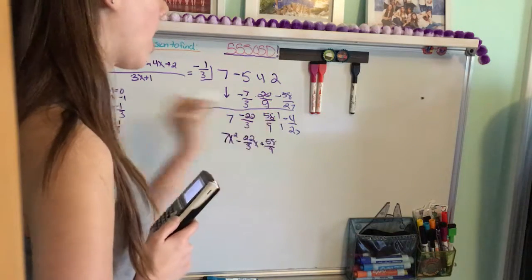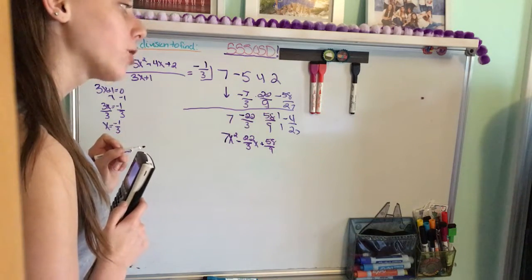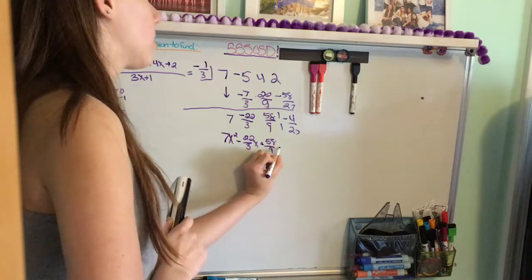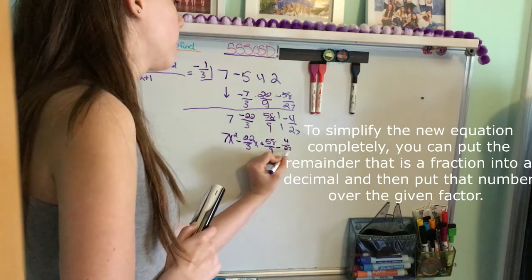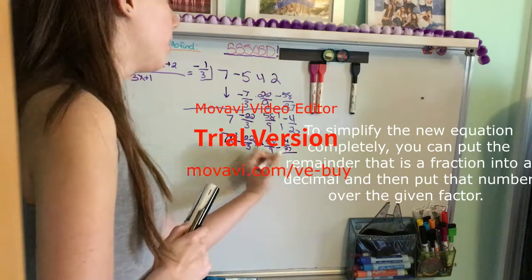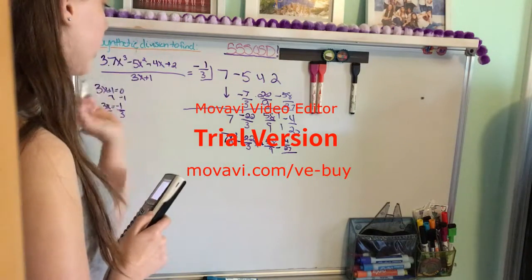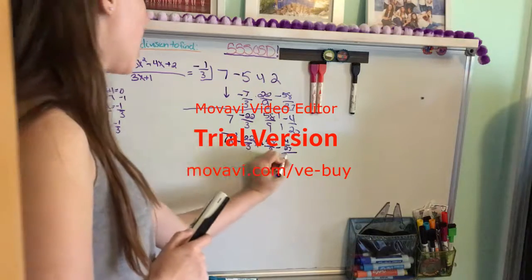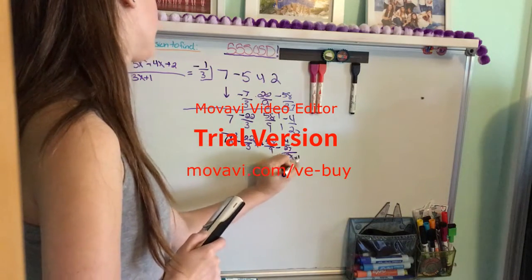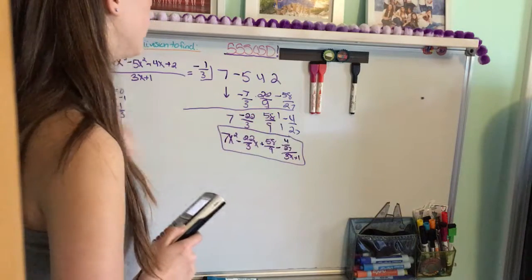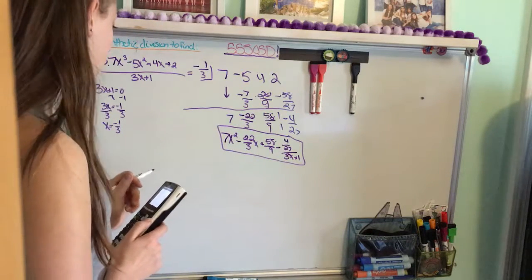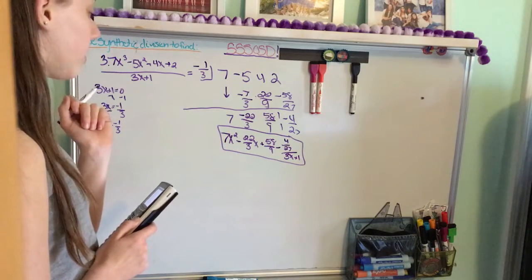And then with our remainder of negative 4/27, we are going to subtract 4 over 27 over our given factor of 3x plus 1. And so that is your final simplified equation for this given equation.